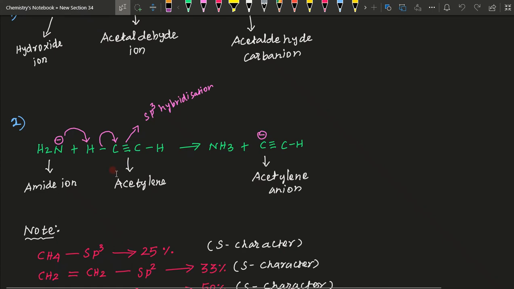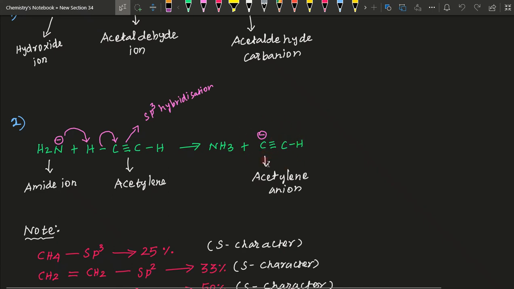This is the common name acetylene, or ethyne. So it gives ammonia plus the carbon ion CH.